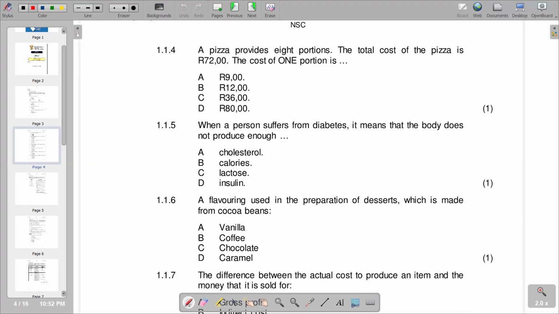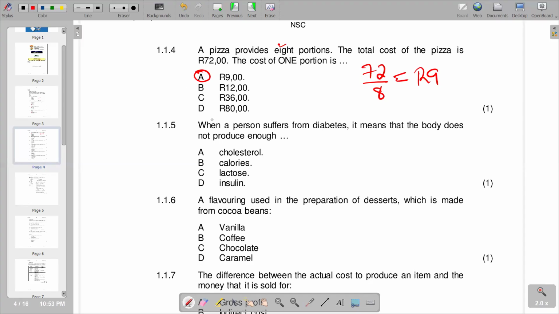So to get the cost of one portion, we are just going to say 72 divided by 8. Remember, it's 8. So it's divided by 8, and we are going to get your answer, which is 9 rand. So we have 9 rand, A. So A is the correct response.